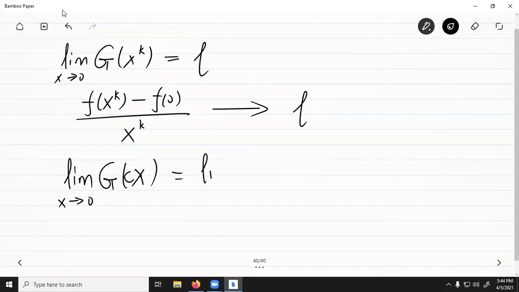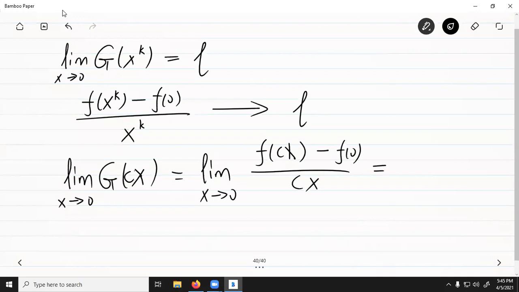So x approaches 0, so cx, when x approaches 0, would be 0, right? So this is g of x, which becomes f of cx minus f of 0 over cx, which would be equal to L.